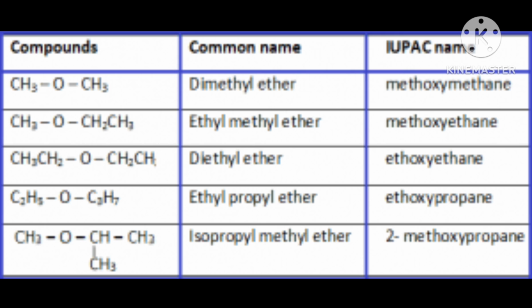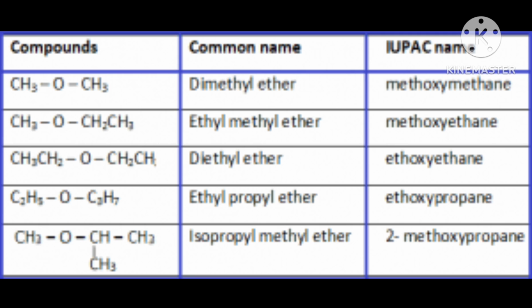The other example is CH3OCH3. Its common name will be dimethyl ether. And what is the IUPAC name? It will be methoxy.